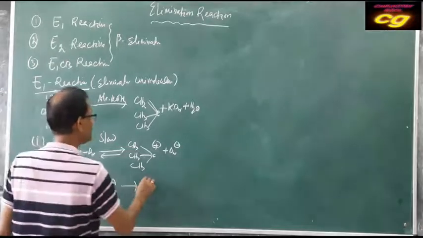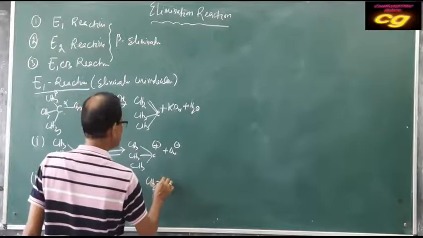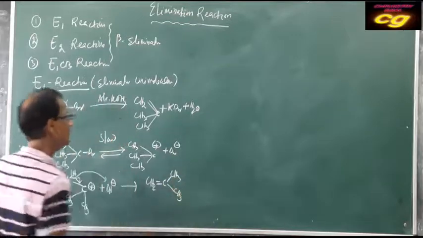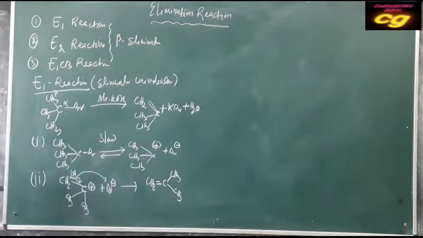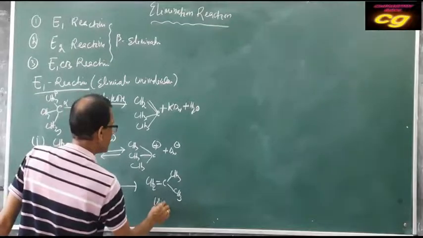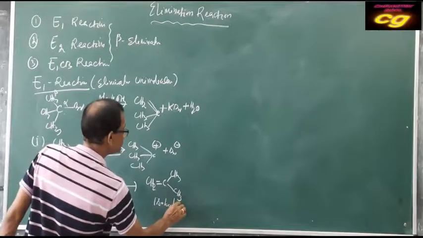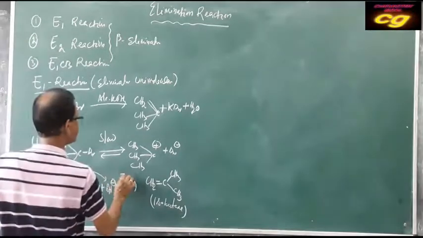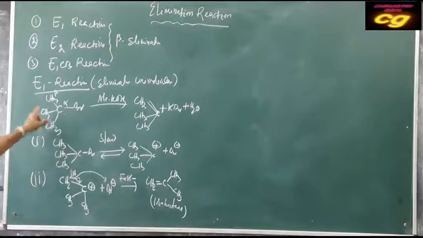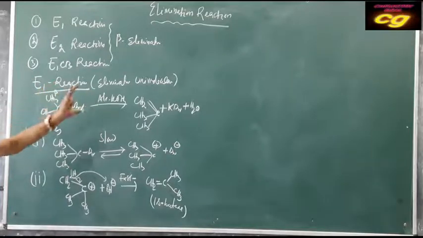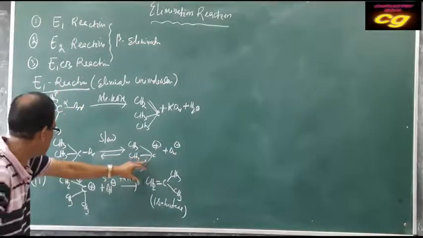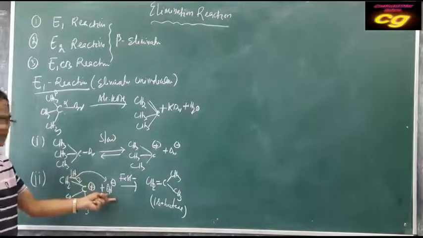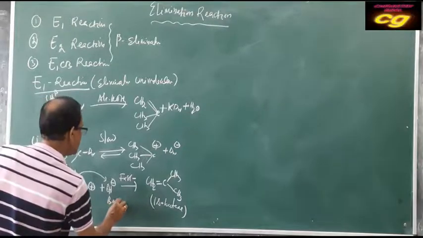So an alkene is produced, that is isobutene. So E1, elimination unimolecular, is a two-step process: the first step is formation of the carbocation, and the second step is loss of a proton by the base. This is called a base, not a nucleophile.